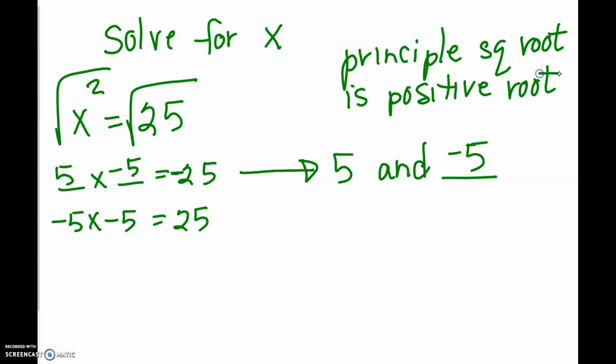So a lot of times we only end up using the positive root, which would be 5. But if they're just asking you to solve this, we can take negative 5 times negative 5, and that gives us 25. So we have to have two answers here. So if we have what squared gives you 81? So what times what, make sure it's the same number, gives you 81.